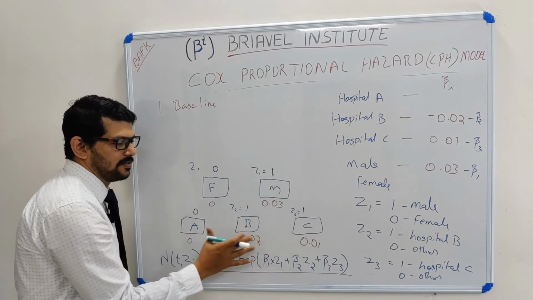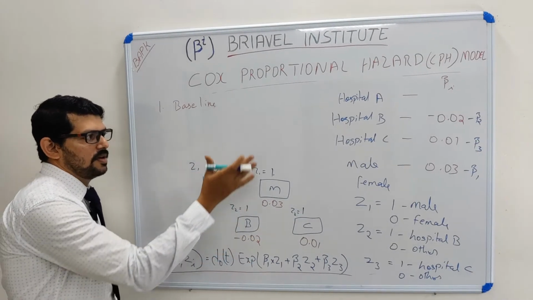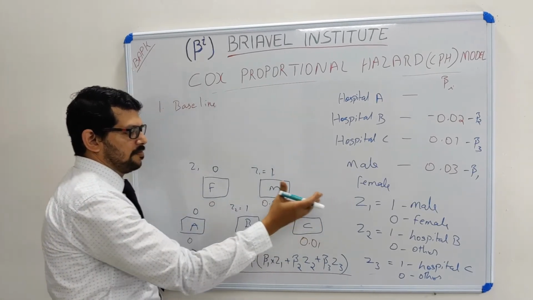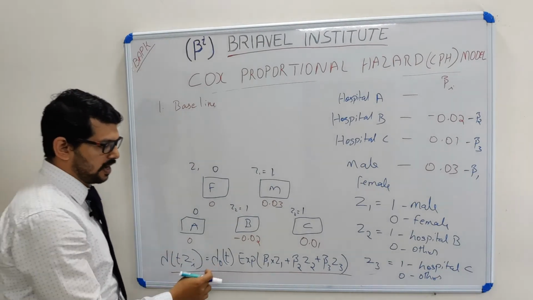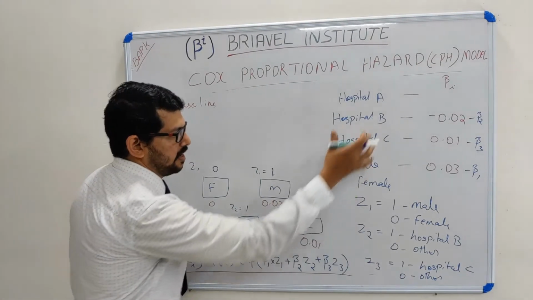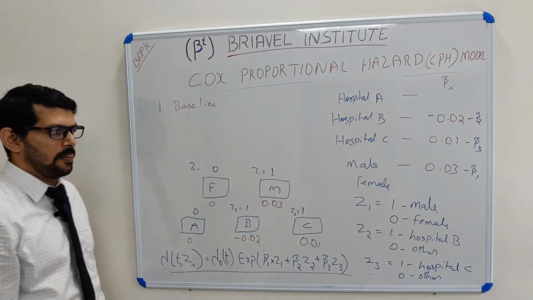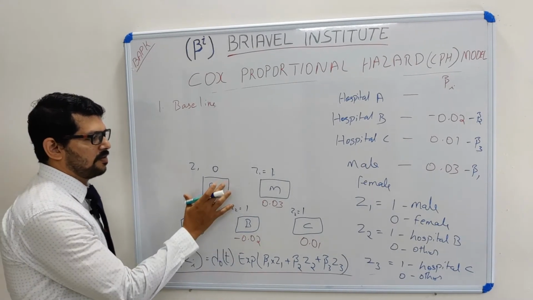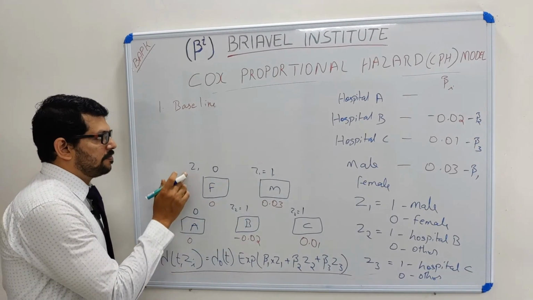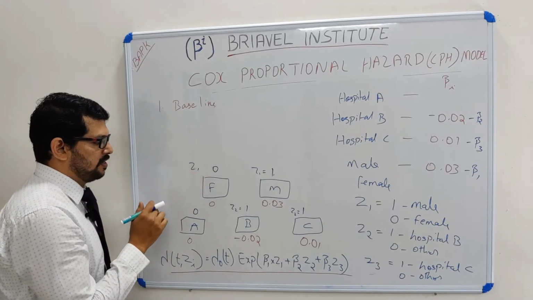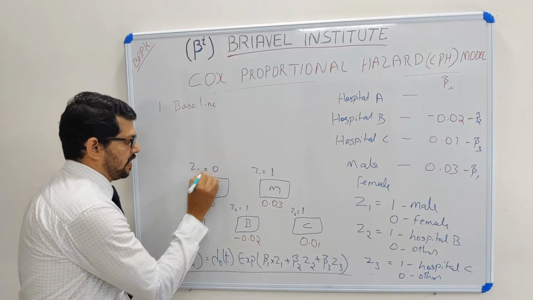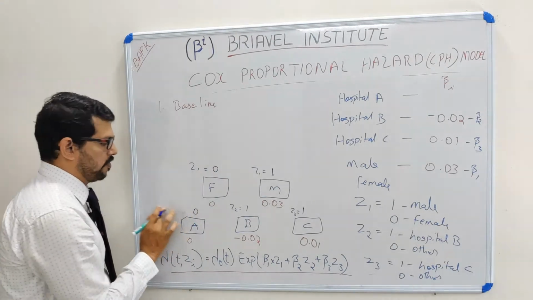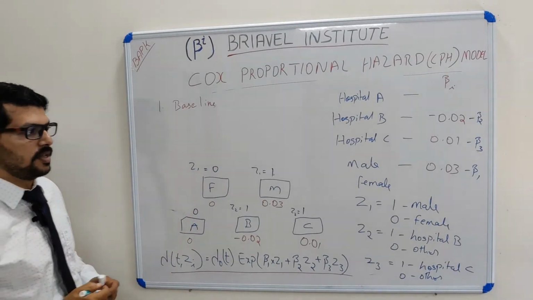We make one drawing for more understanding about the problems. In exam time we will not get time to make drawings and all. We have to make an equation and directly substitute the values. For more understanding I make one drawing. So baseline hazard means all covariates values equal to 0.